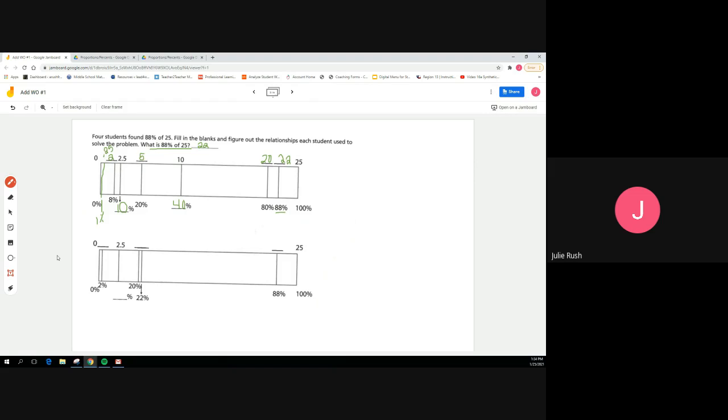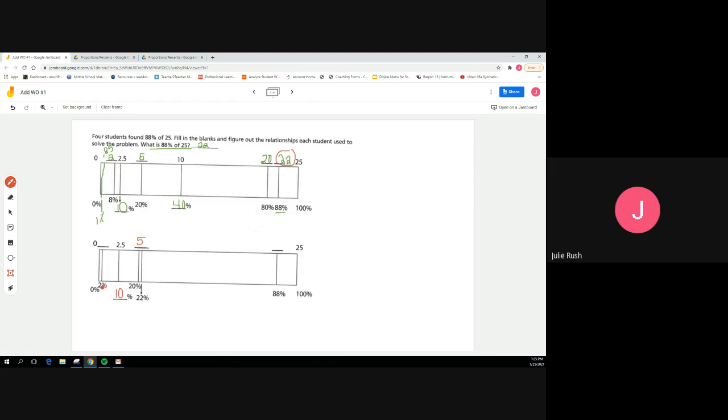Let's see how student 2 did it and see if we also get 22 as our answer. I'm looking at student 2's work. So 25 and 100, 0 and 0, lined up the same way. Went to 10% right here, went to 20%, which is 5.